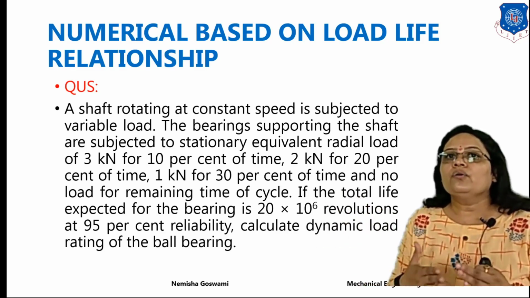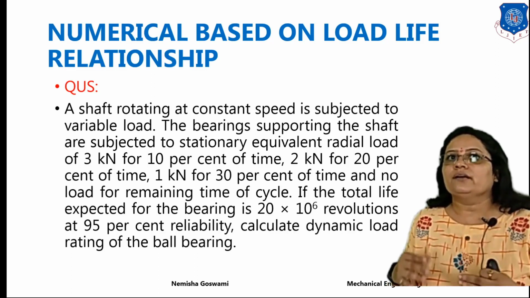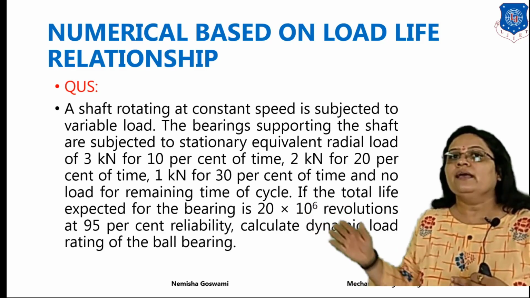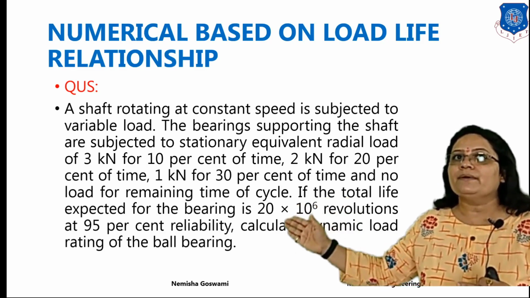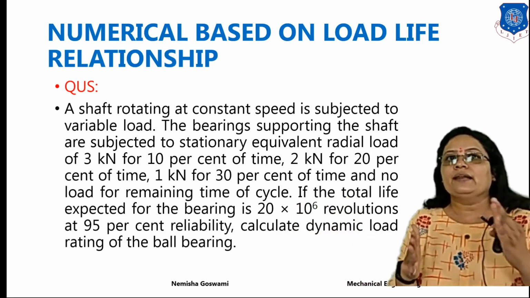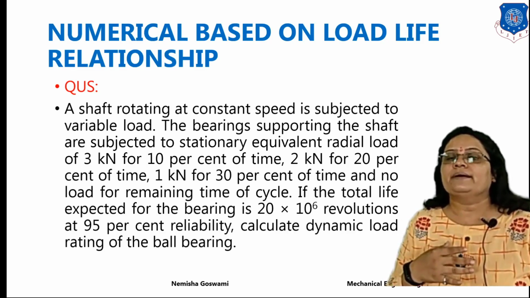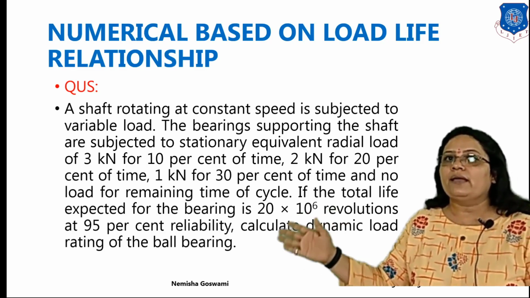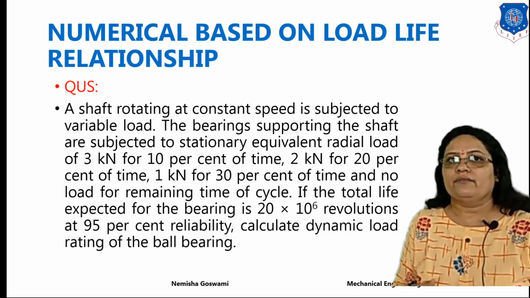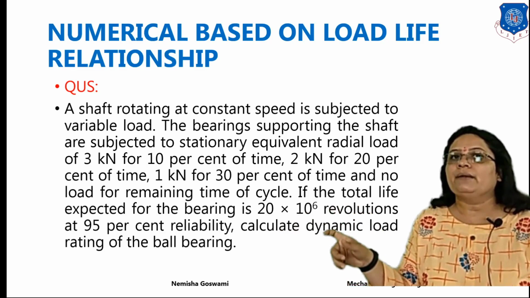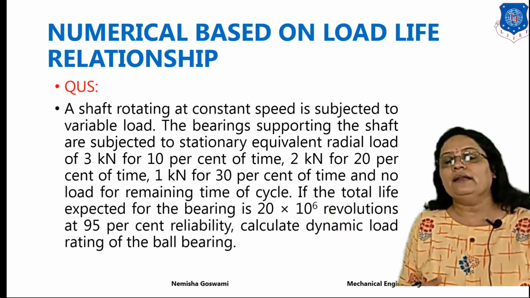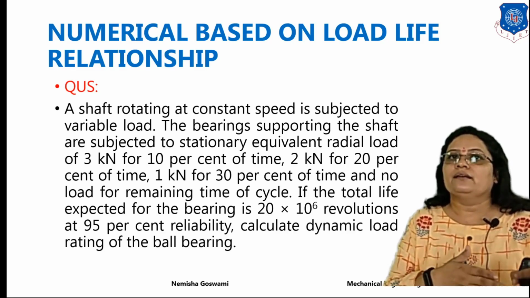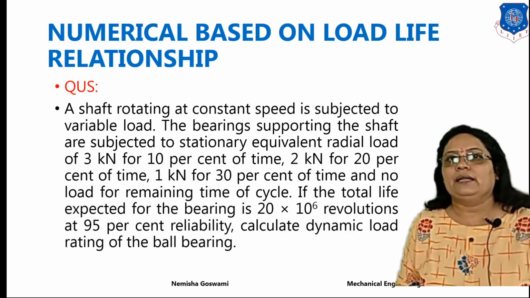If the total life expected for the bearing is 20 into 10 power 6 revolutions at 95% reliability, okay? Reliability is other than 90%, so the life of the bearing is given with respect to 95% reliability. By using the fundamentals of reliability, we can find out the life of the bearing with respect to 90% reliability, right?